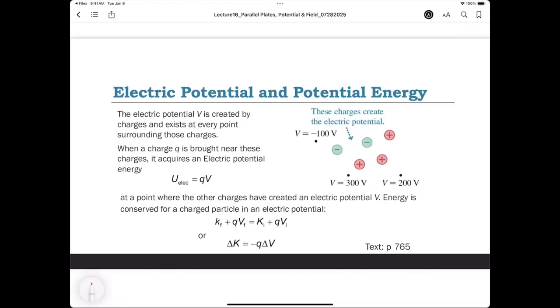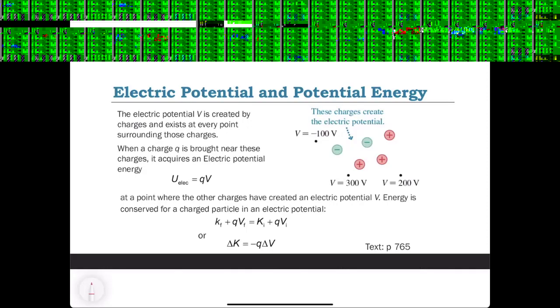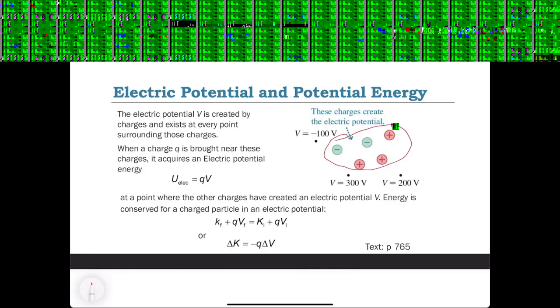We know the electric potential V is created by charges and exists at every point surrounding those charges. You can see here that these charges created the electric potential.